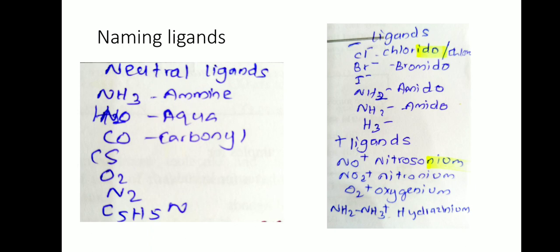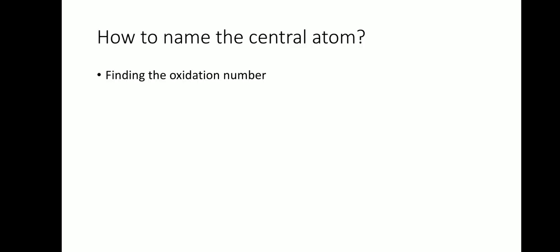For an example, NO plus will be called nitrosonium. NO2 plus will be called nitronium. If it is O2 plus, then it will be called oxygenium. So always remember, if it is a positive ligand, we have to add the part nium to it.